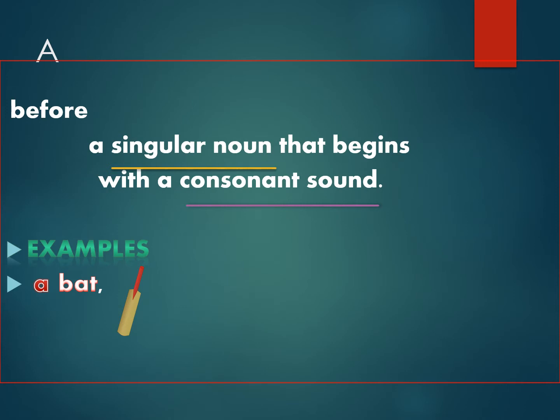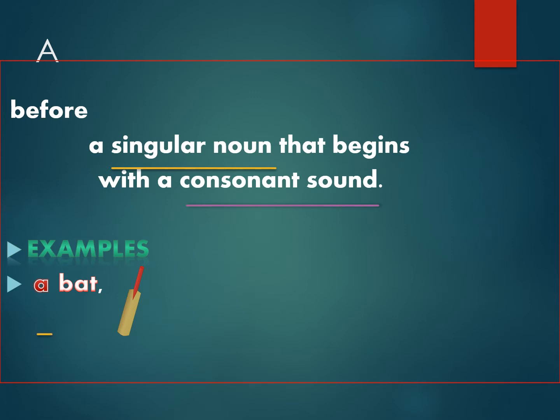Bat. So it's a consonant sound. So before consonant sound, we have to use article a. So bat is a singular noun and it is giving consonant sound. So a is used before it.